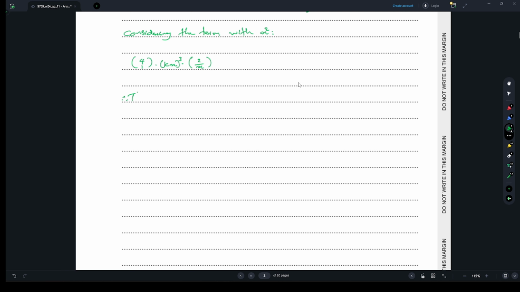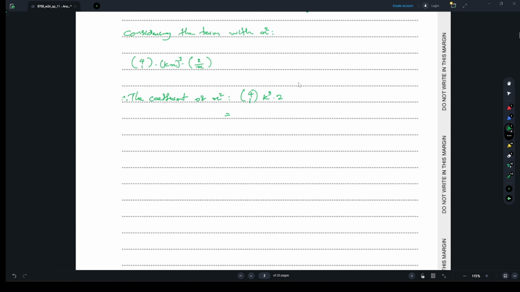Okay, so from this one we can write the coefficient of x squared. Therefore, the coefficient of x squared is this one, 4c1, then we have k to the power 3 and times 2.